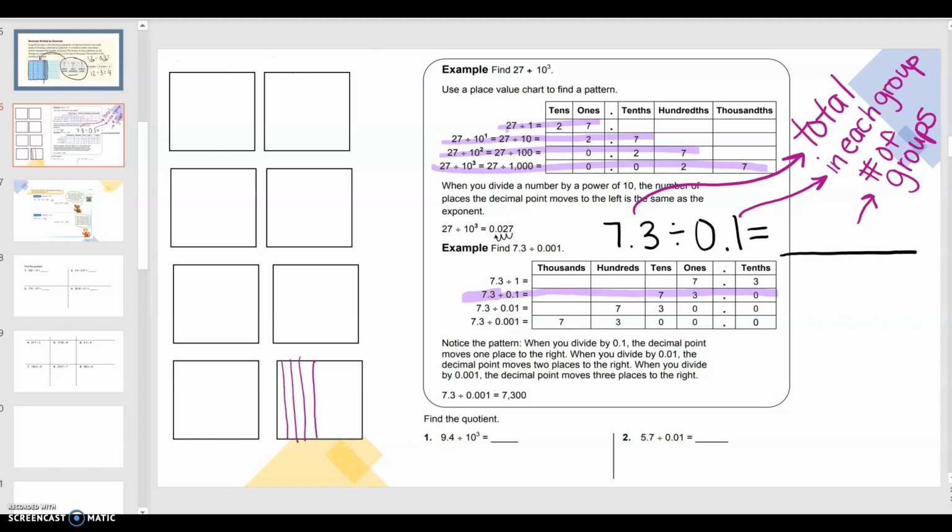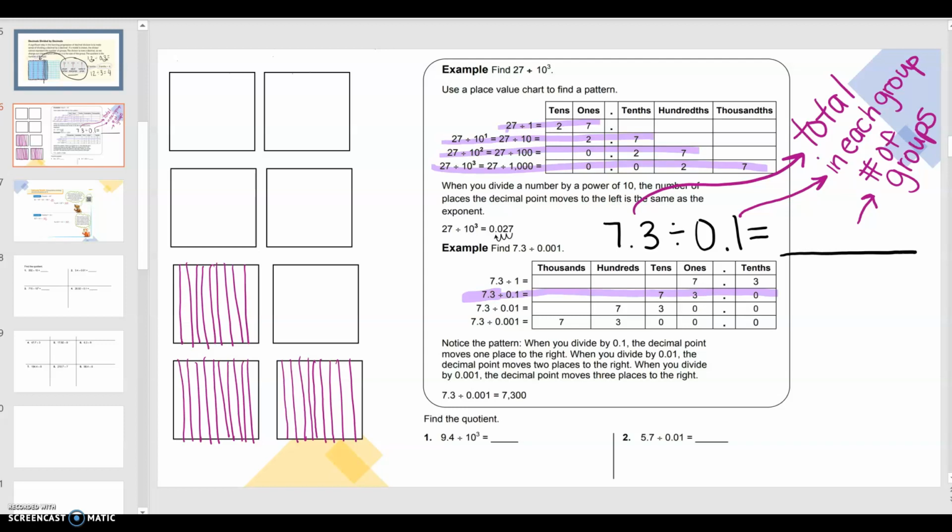Just bear with me while I cut these. One, two, three. Okay, pretend that each of these are cut to save some time.